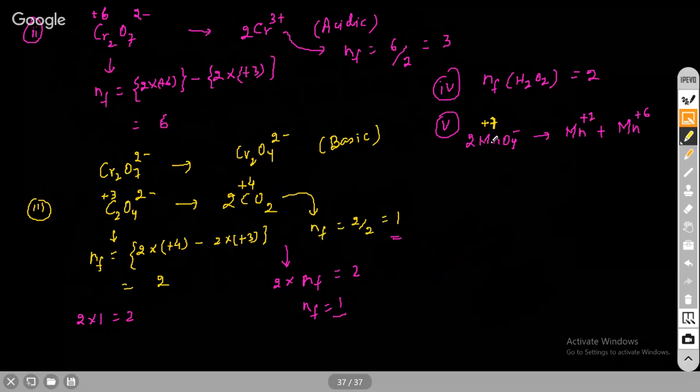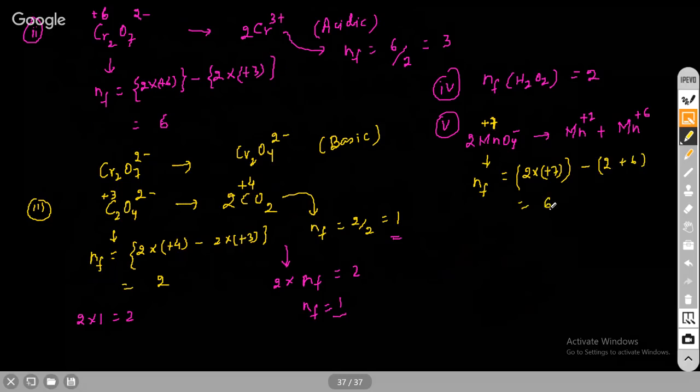The same element is changing oxidation number to two different states, plus 2 and plus 6. So in this, we'll just find out the difference in oxidation number. N factor for this will be 7 into 2 minus plus 2 plus 6.